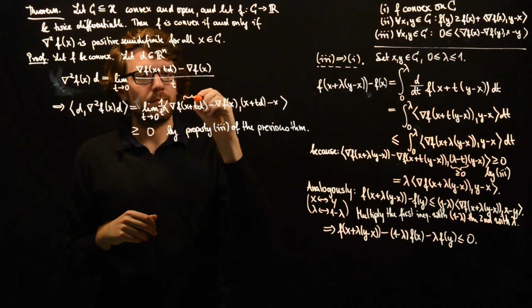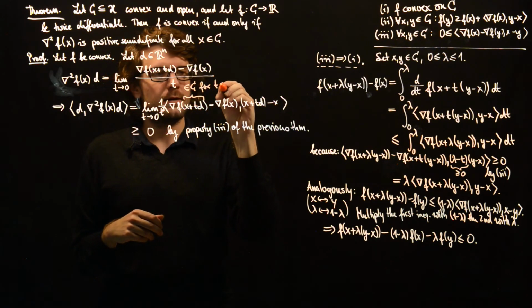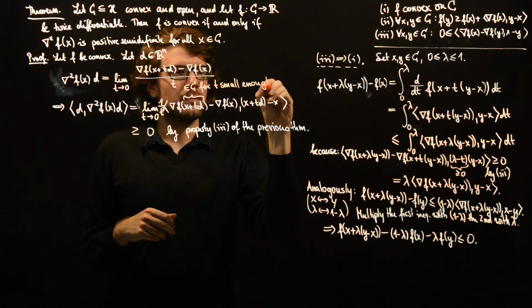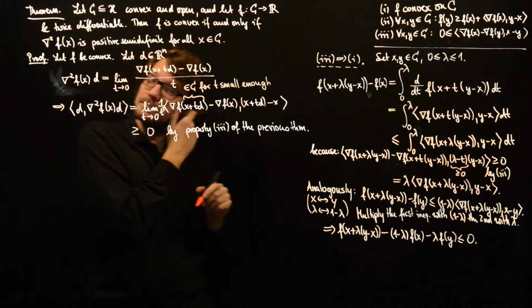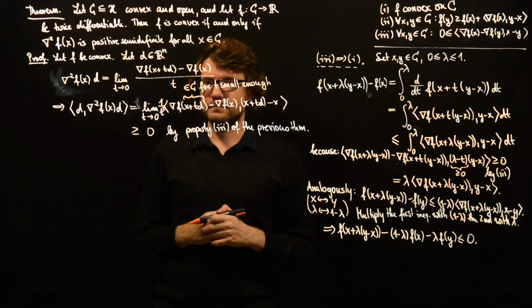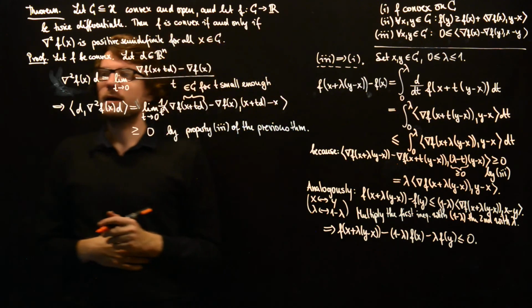So x plus td is in C for t small enough, that's important. Okay. This is because C is open.